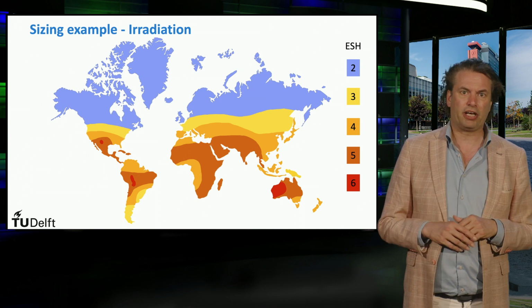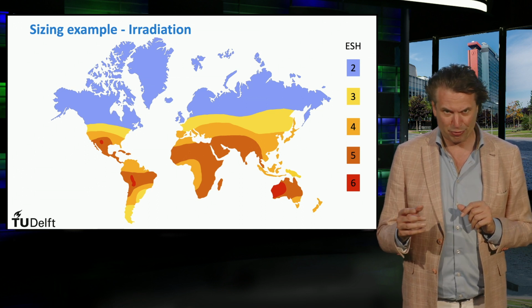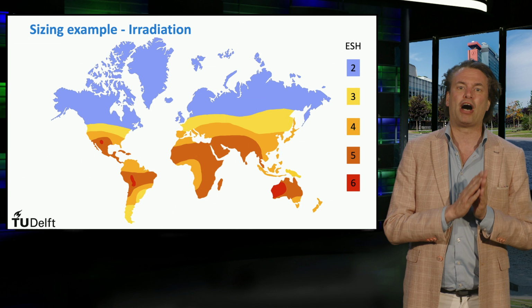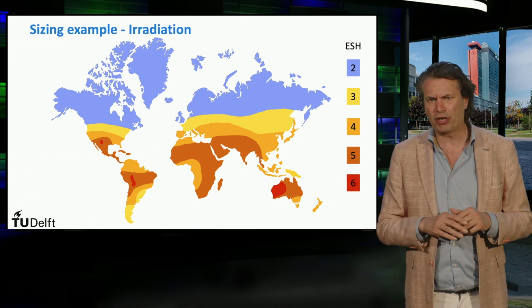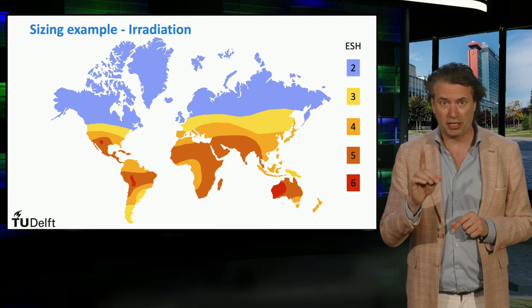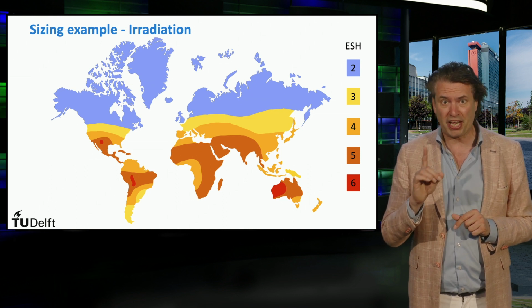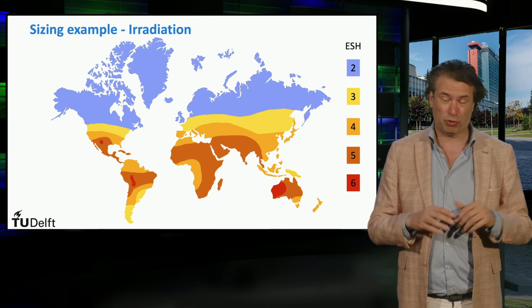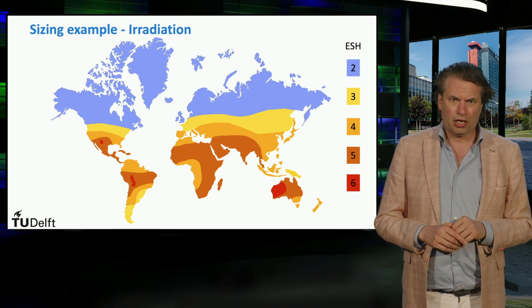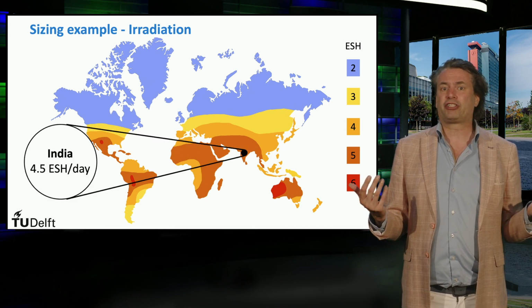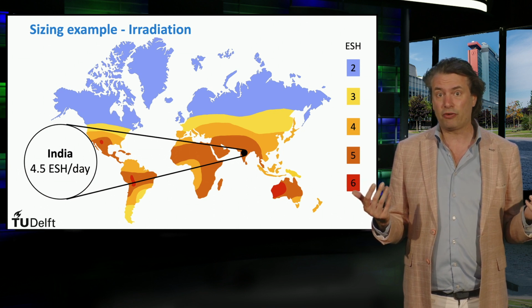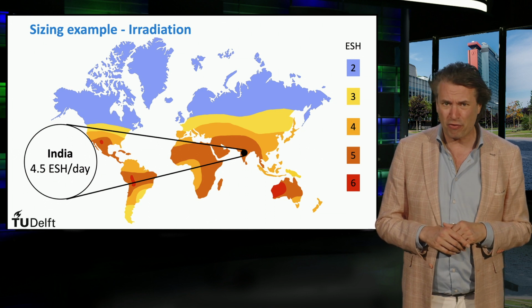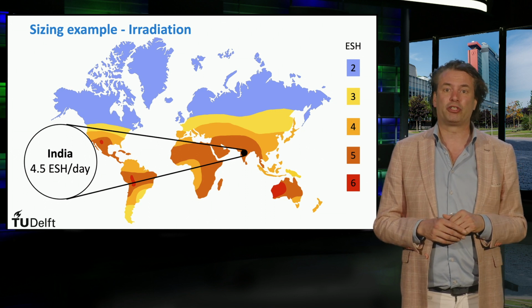An equivalent sun hour, as you may recall, is defined as the number of hours per day, averaged over an entire year, that a certain location receives one sun illumination, and note that one sun illumination equals 1000 watts per square meter. We can gather from this figure, for example, that a horizontally inclined panel in India receives approximately 4.5 equivalent sun hours per day.